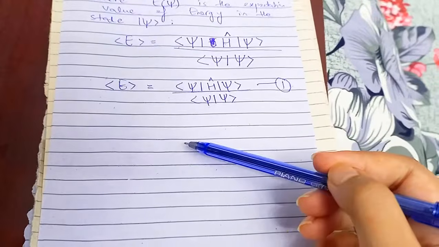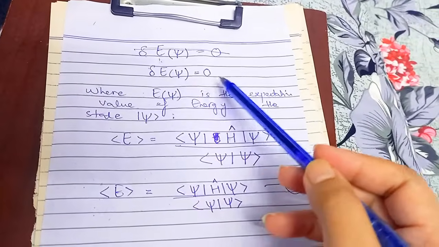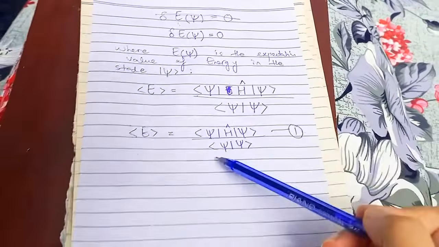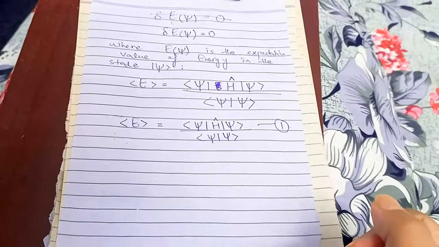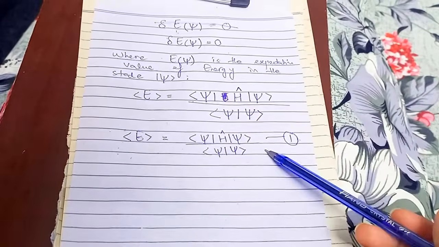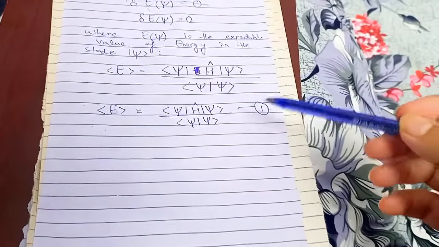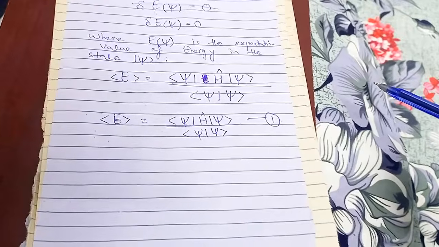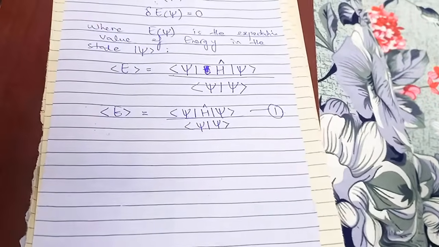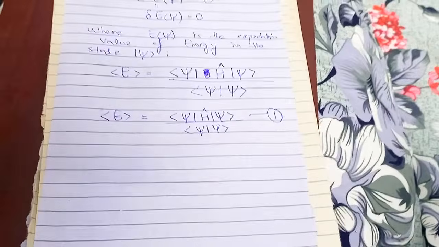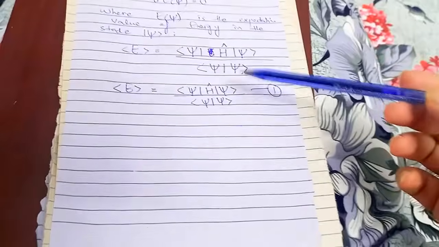We solve this equation, find its variation, and put it equal to 0. So we differentiate it with respect to the different parameters you are not sure about. For example, say we are not sure about two things in the wave function, so we introduce two parameters, alpha 1 and alpha 2, or alpha and beta, whatever notation you prefer.